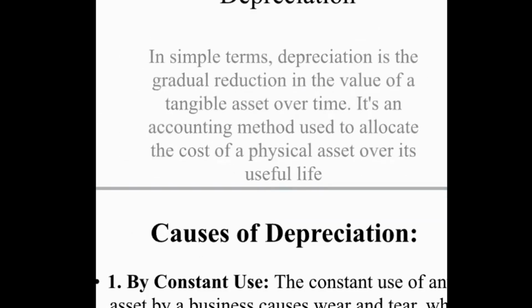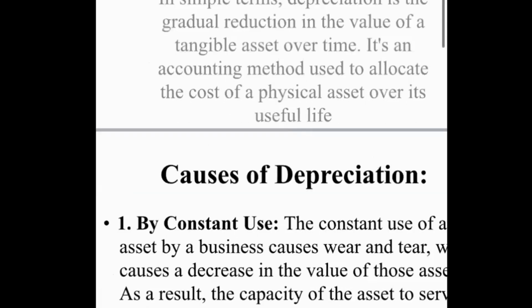So depreciation is nothing but the amount by which the value decreases when you have purchased a physical asset and used it continuously for the business. Understood? Yes, ma'am. So in simple terms, depreciation means decrease in the value of an asset, because we are using it, the value is going on decreasing.